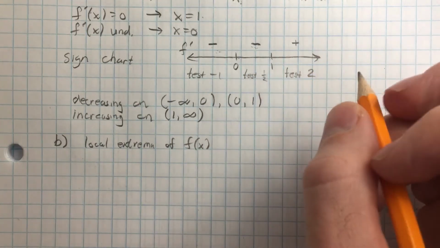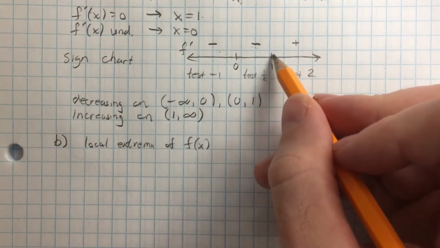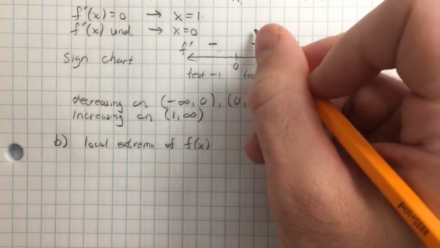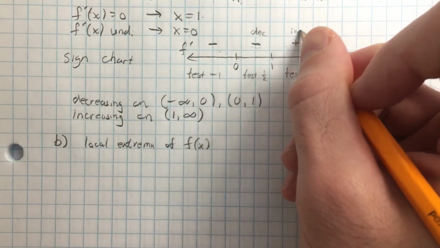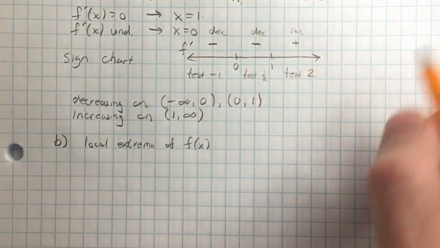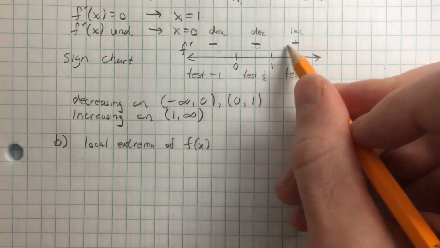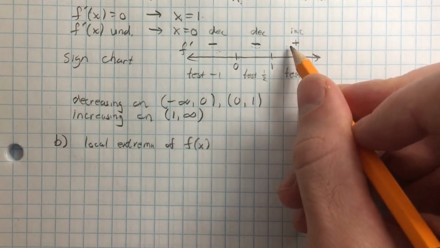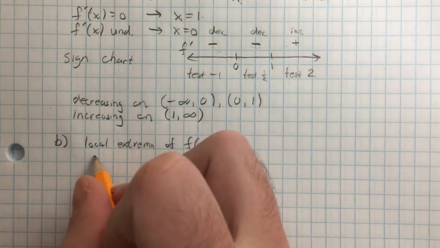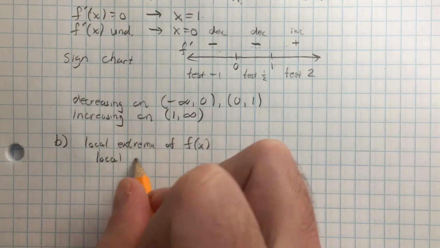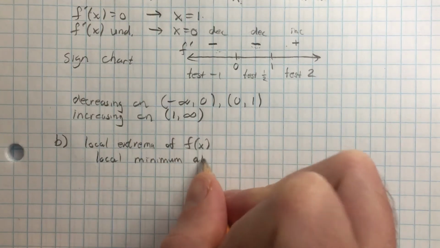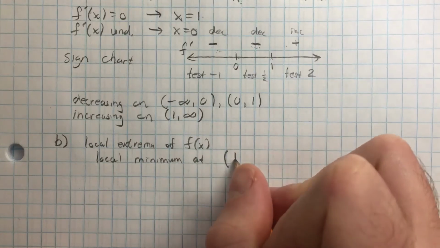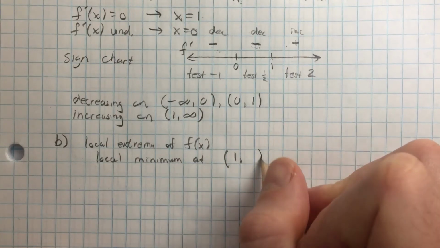But over here at 1, we can see that there is a change of sign in the first derivative. So therefore, the function went from decreasing to increasing here. And that implies there must have been a relative minimum. Okay? So we have a local minimum at 1 comma something.